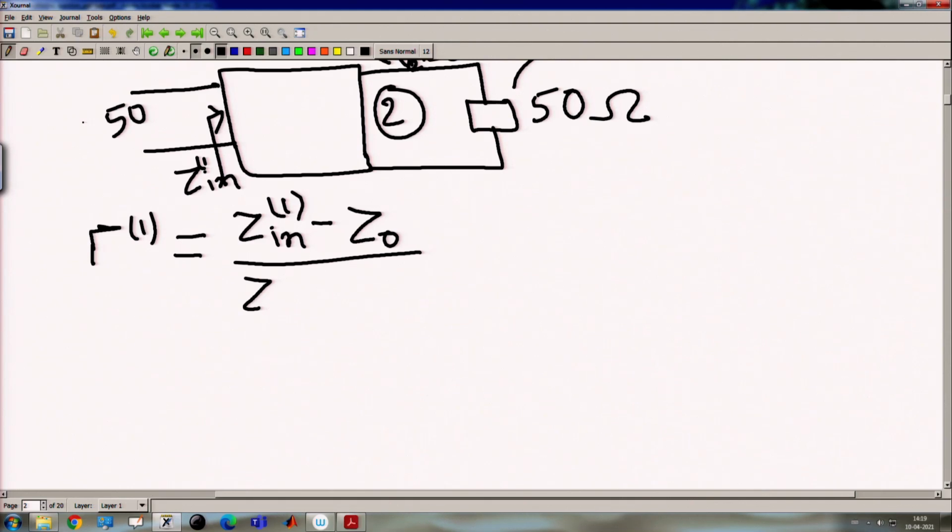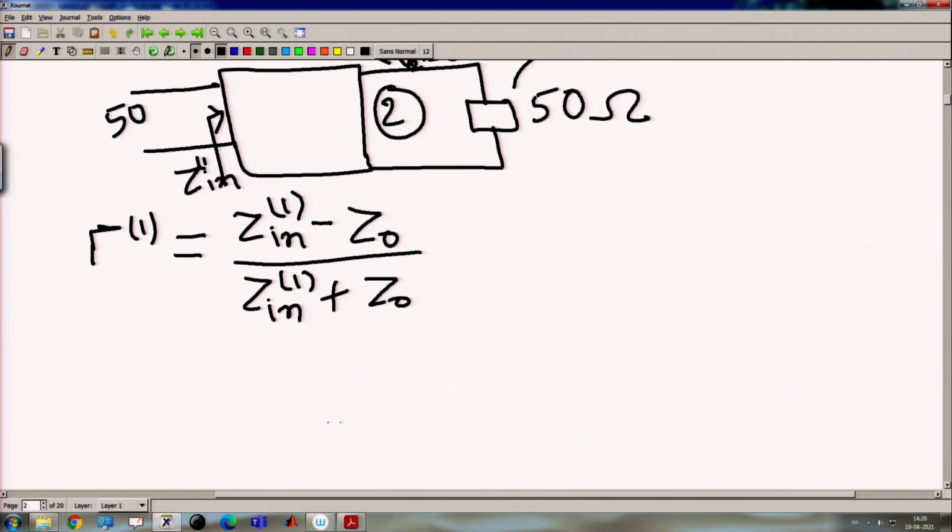This holds when port 2 is terminated with 50 ohm, that is Z naught, because we are finding S11. So, for this we have to find Z in 1.